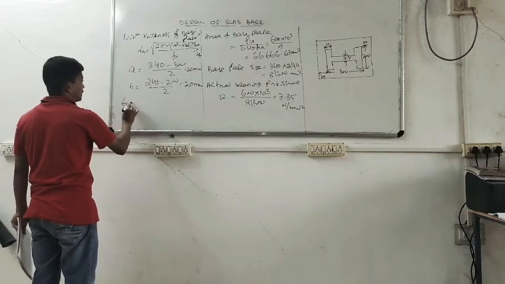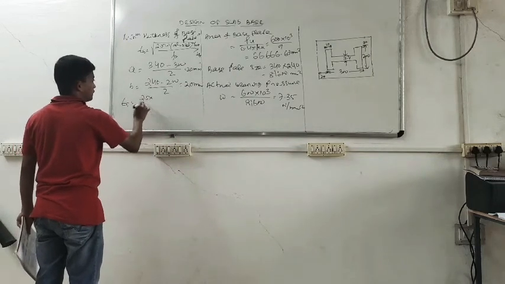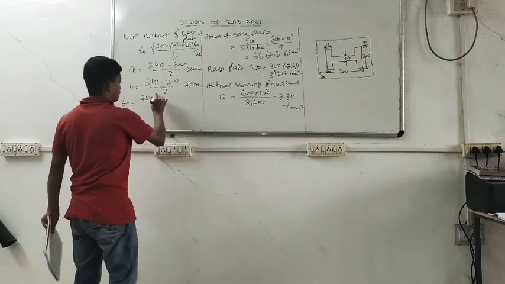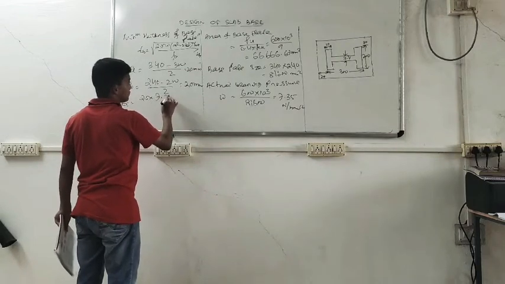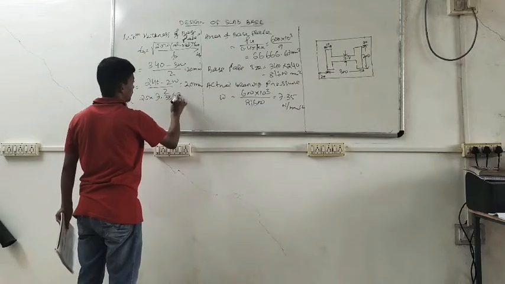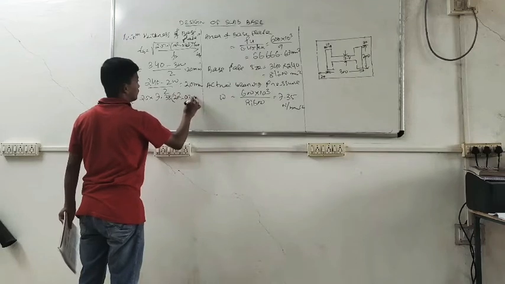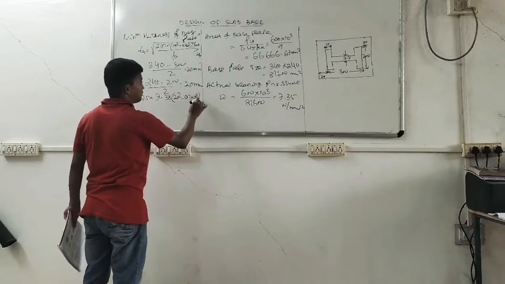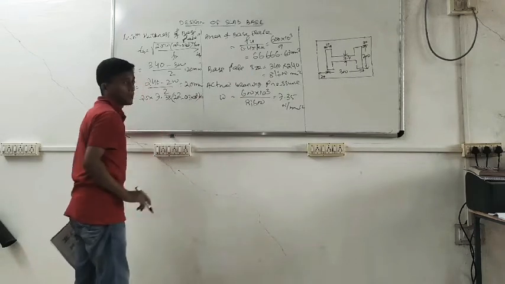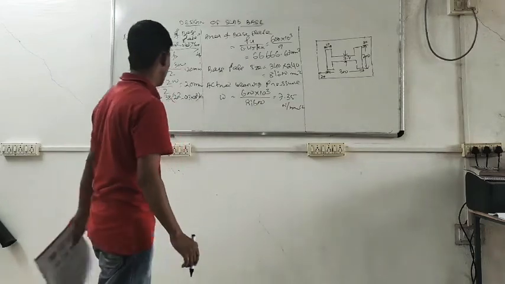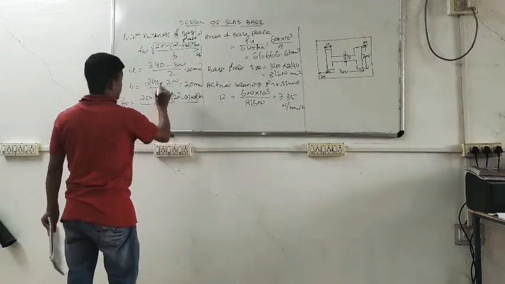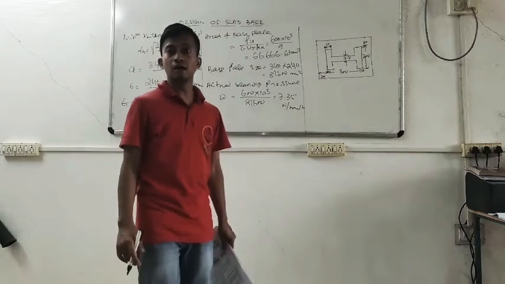So ts equals root of 2.5 into w, we have found out 7.35, into 20 square minus 0.3 into 20 square, into gamma m0. If you follow table 5 of IS 800, it is 1.1, and divided by fy, which is the yield strength of the plate.